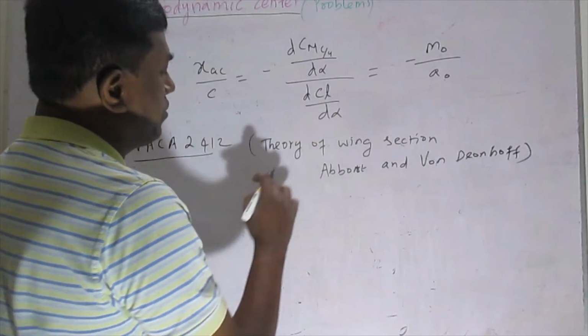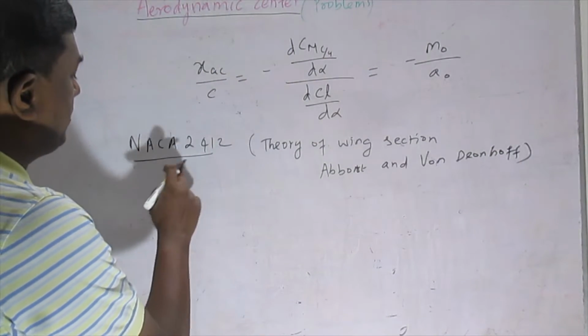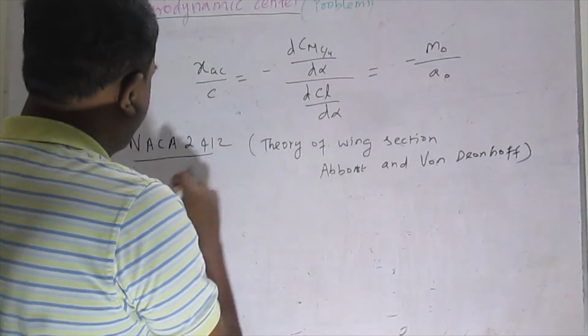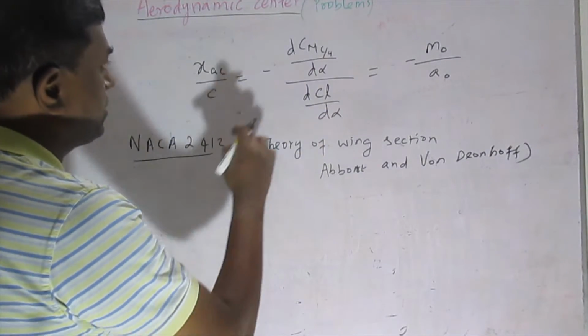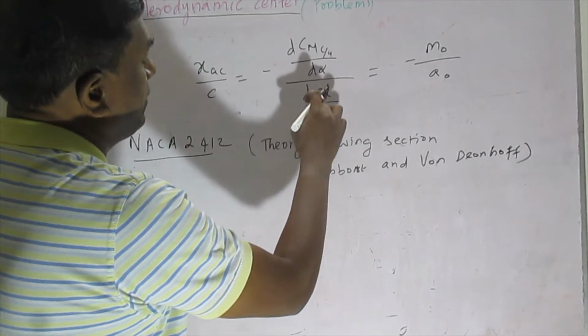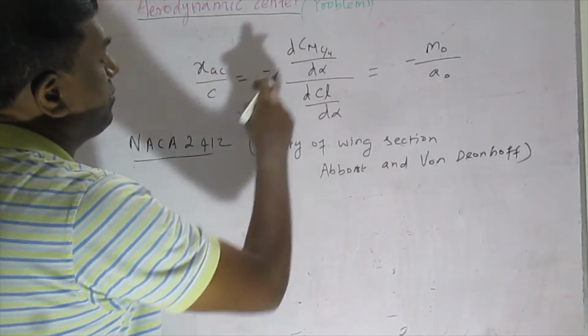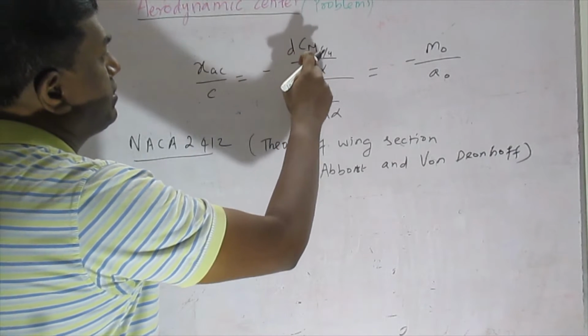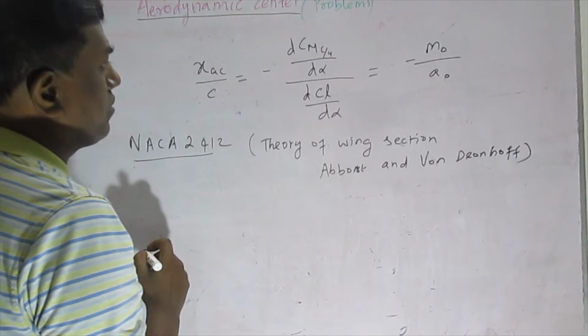So from this book we have taken the data for an interval, that means between two limits, what is the value of CL and also what is the value of CM, that means the pitching moment at the quarter chord point.